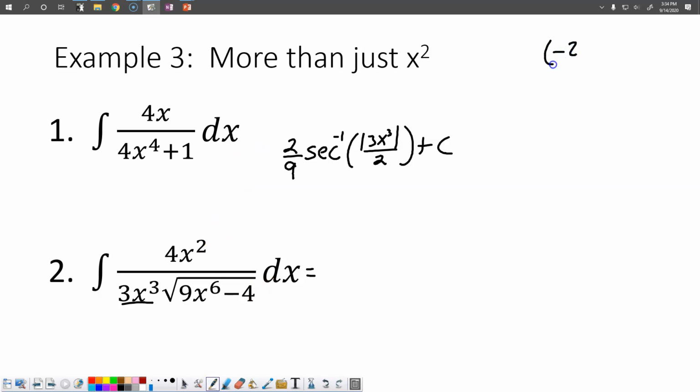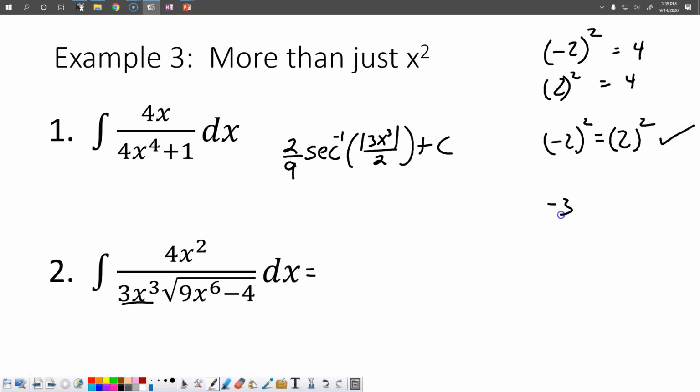Just review some basic math really quick here. You don't have to write this. Just pay attention for a minute. What is -2 squared? It's 4, right? What's 2 squared? It's also 4. So -2 squared is the same thing as +2 squared. But what about -2 cubed?